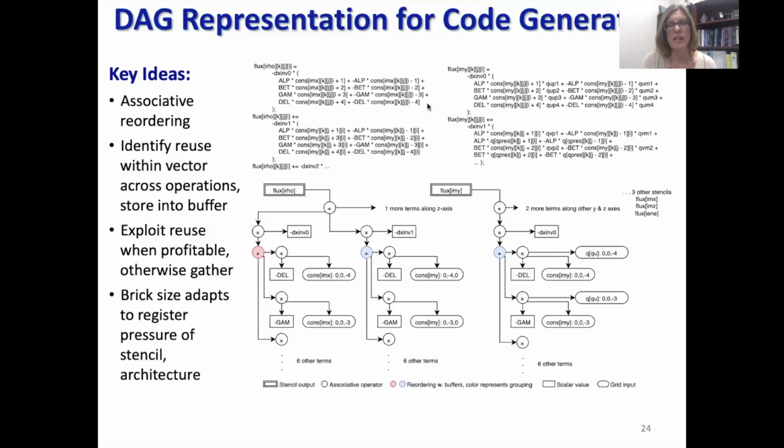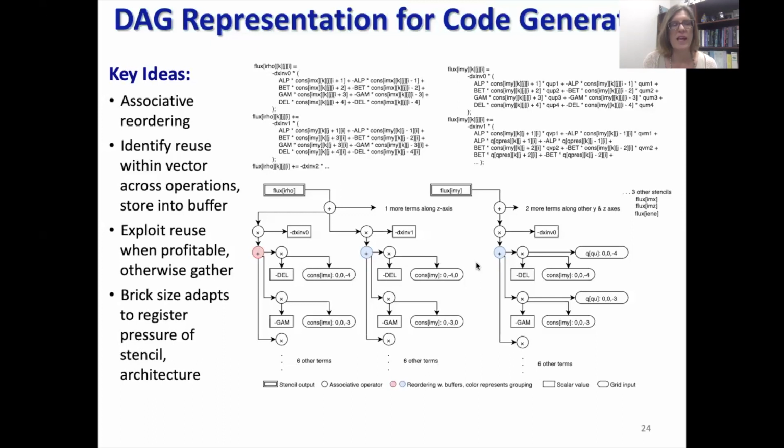In order to take advantage of that reuse, it needs to reorder the computation. So it uses associative reordering, which is also a common technique in stencil computations to be able to exploit that reuse, even in this case across these different stencils.